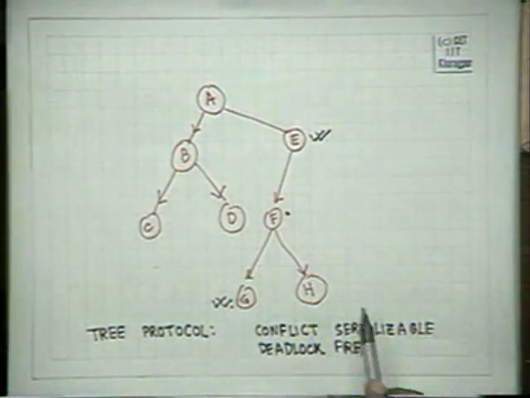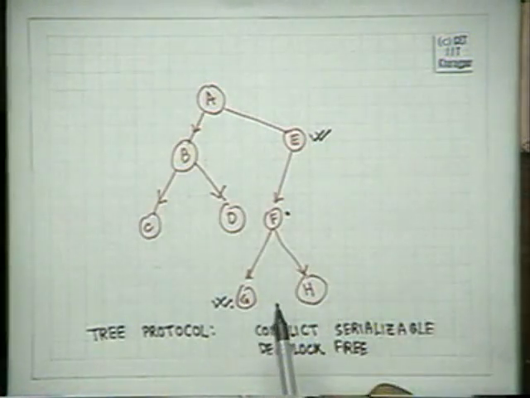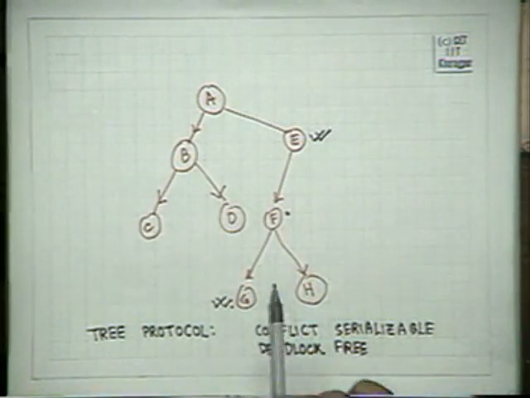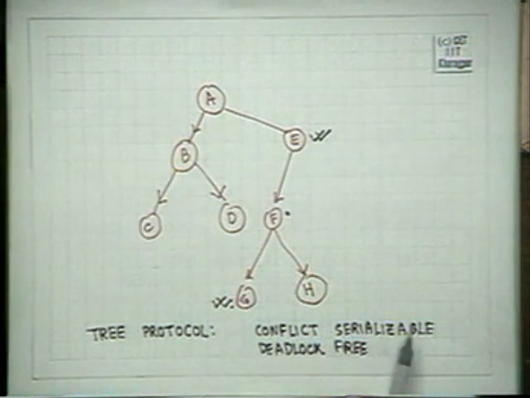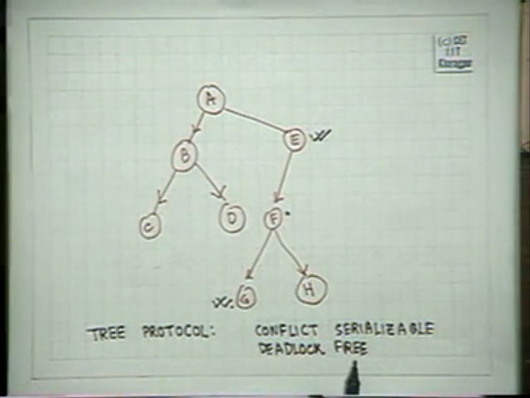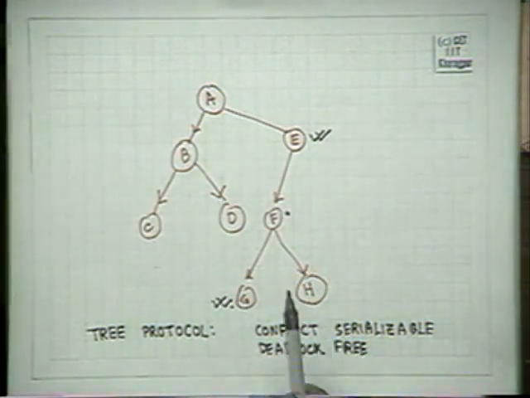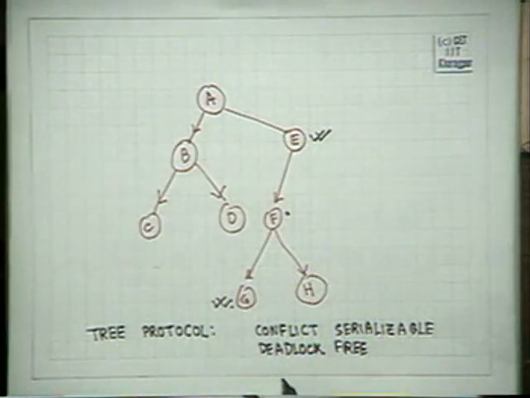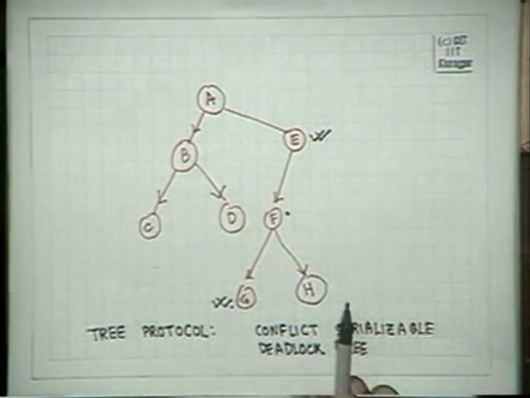So either you have a dependency based two-phase locking protocol or you have a tree protocol. Both of them will be conflict serializable and deadlock free. The advantage of tree protocol is that it allows earlier unlocking and more concurrency compared to a two-phase protocol where you have to first lock, do all your operations and then unlock.